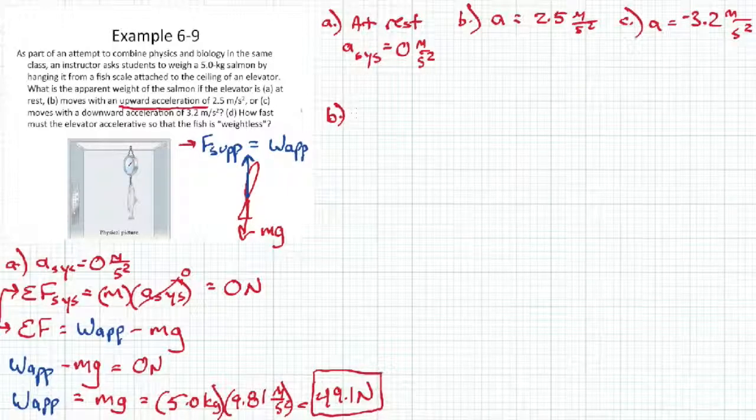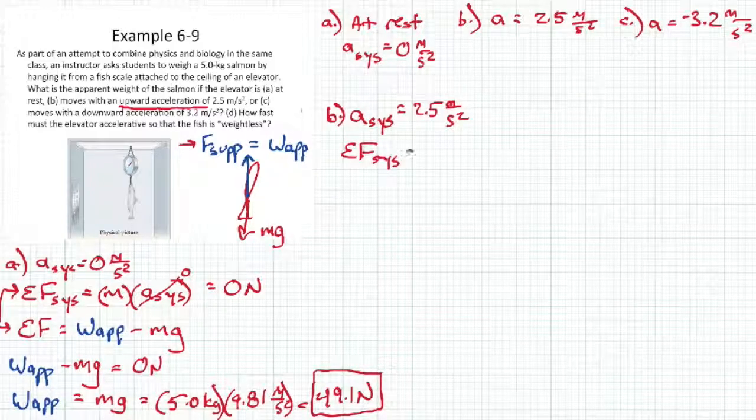So part B, we're going to have a different apparent weight because we now have an acceleration. Acceleration of the system equals 2.5 meters per second squared. Okay, so the net force on that system can be described as the mass of the fish times the acceleration of the system.